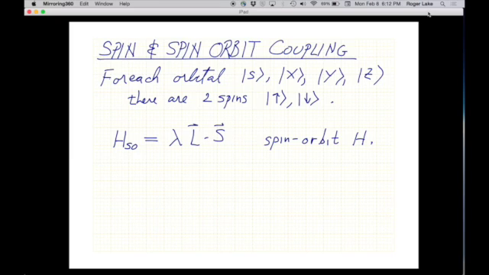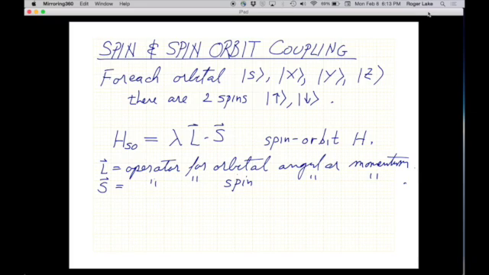S is your spin angular momentum. These would be your operators, the operators for orbital and spin angular momentum, L and S. And this spin orbit Hamiltonian is just proportional to the dot product between the two. But the L is going to act on the orbital degree of freedom. S is going to act on the spin degree of freedom.